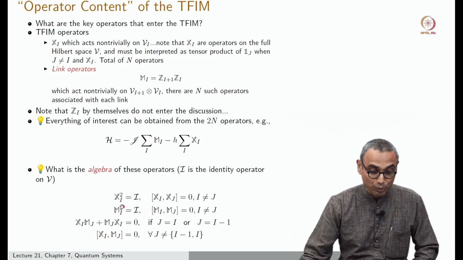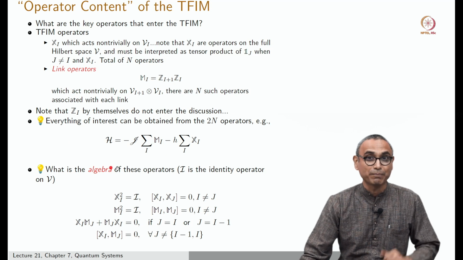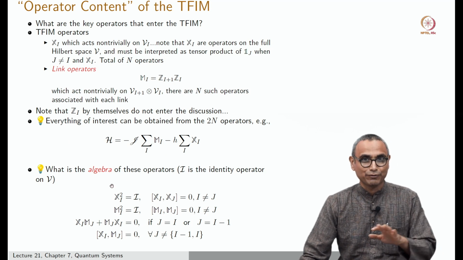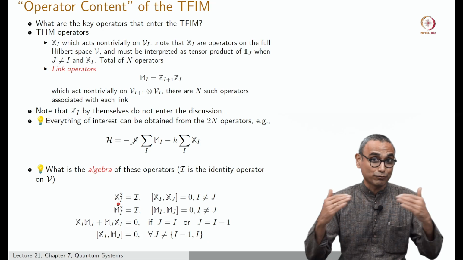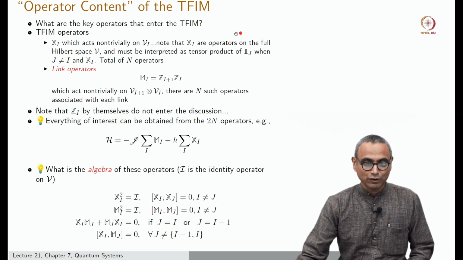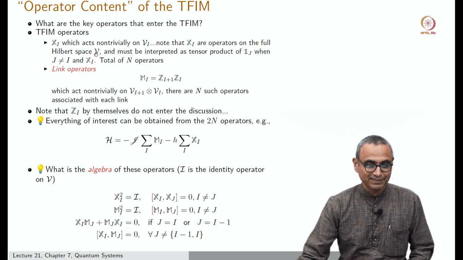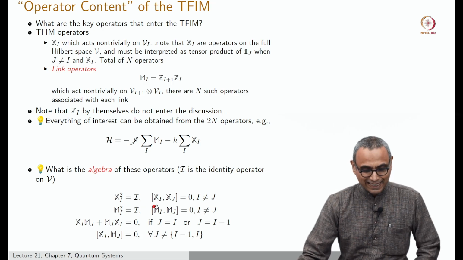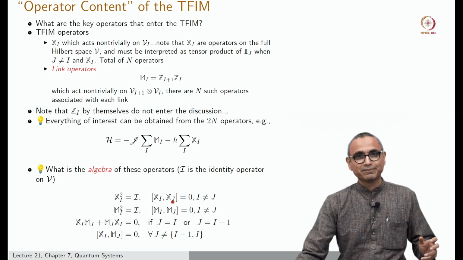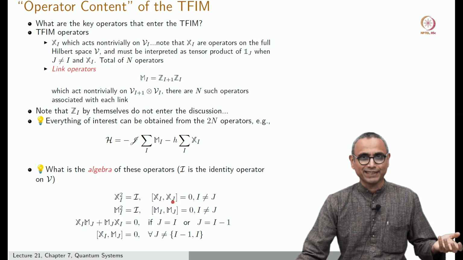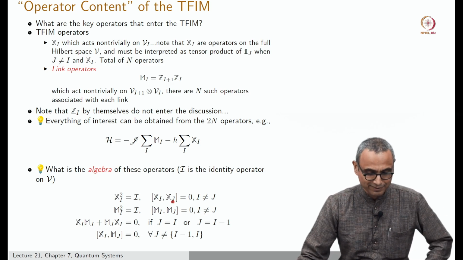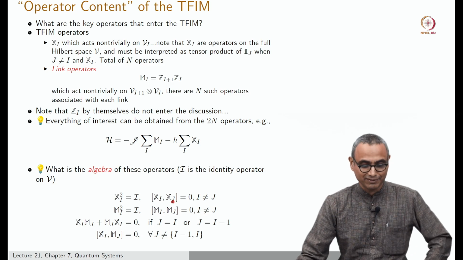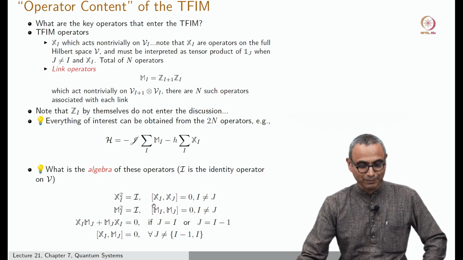Remember, once I write this many degree of freedom Hamiltonian, x_i is now acting on the full Hilbert space. And now you will see very easily that x_i and x_j commute when i is not equal to j. That is very straightforward.